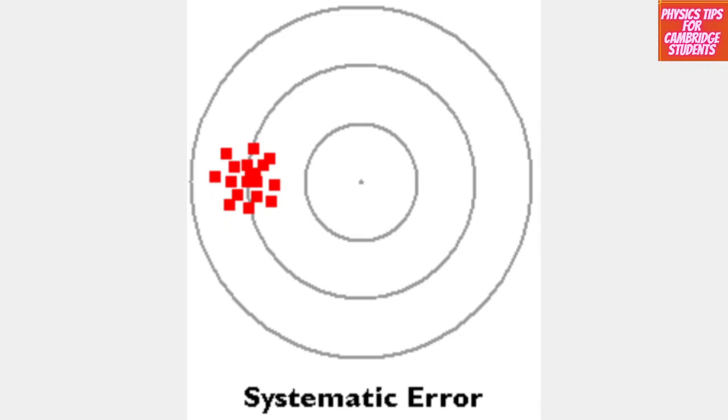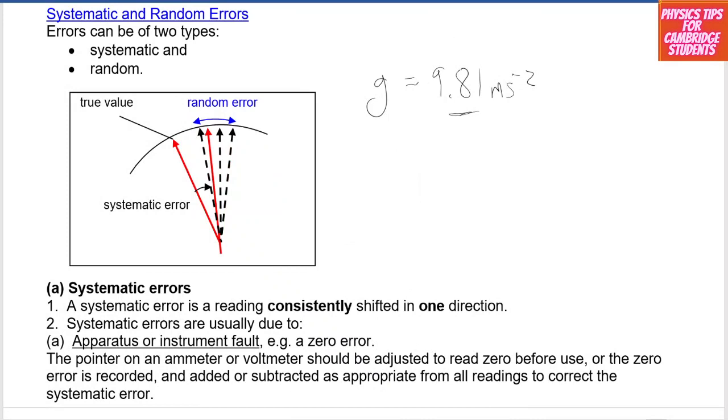We say that there is a presence of a systematic error. So a systematic error is defined as an error which arises when the values have got a consistent deviation from a true value.